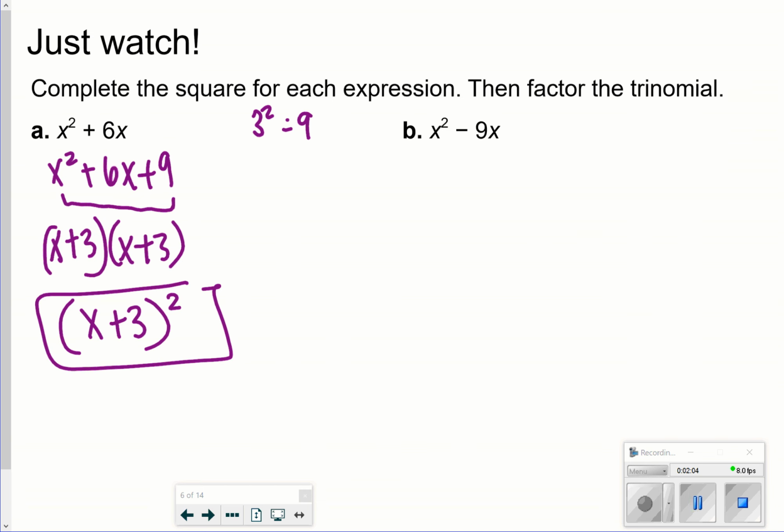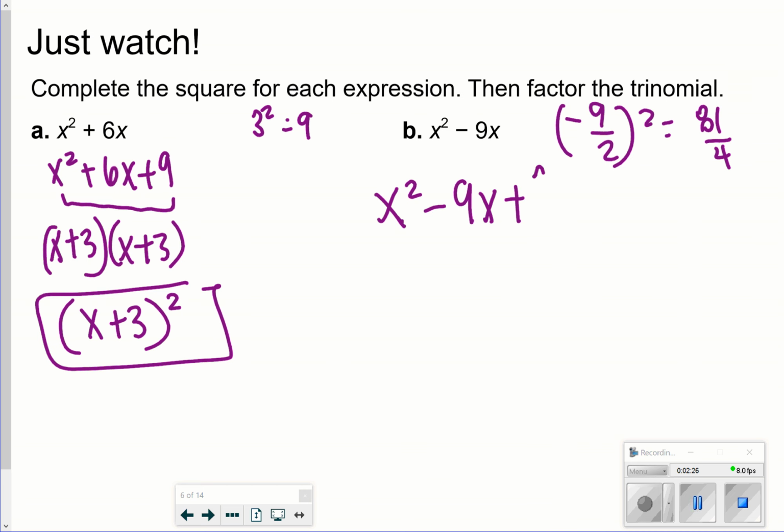So for instance, in letter B, we would do the same thing. We would take half of b, which is -9, so take a half of it. I would just write it as -9/2 first and square it, and we would get 81/4. And we're going to add that back to the problem. So we'll have x squared minus 9x plus 81/4.